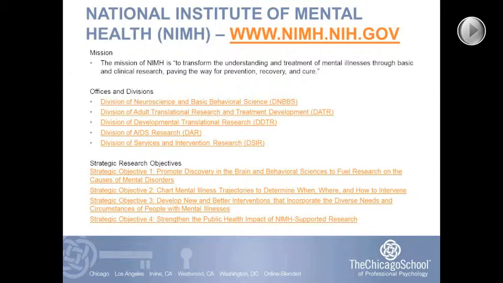Another is intervention and at which stage in the trajectory of mental illness to intervene. So as you investigate within an institute, you'll be able to find which element, office, division, or objective fits your interest best. And then you'll be able to determine who that program officer is that is in charge of that institute or who is engaged with that office and division.